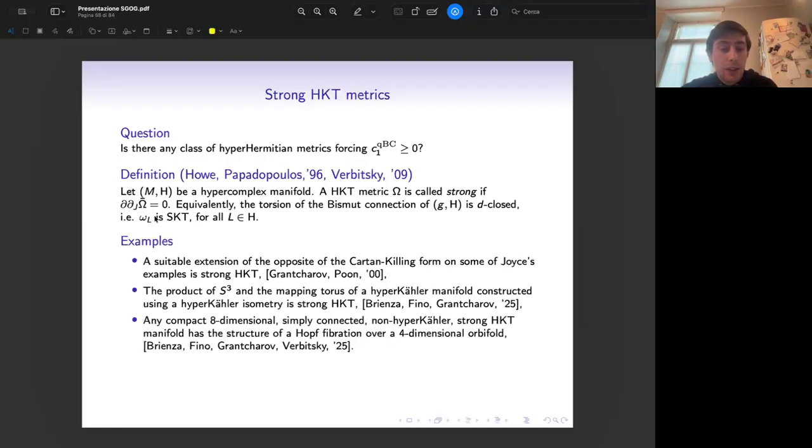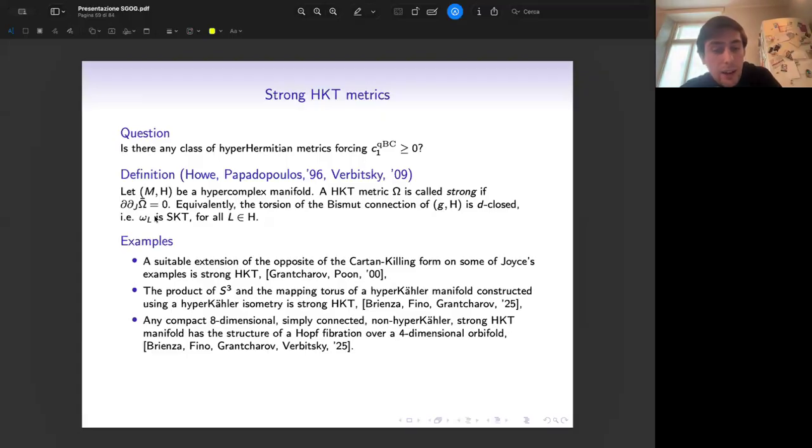And we have plenty of information on strong HKT manifolds in quaternionic dimension 2, due to, again, Barberis, Fino, Grantcharov, and Verbitsky, where they show that any compact, simply connected non-hyperkähler strong HKT manifold has the structure of a Hopf fibration over a 4-dimensional orbifold.